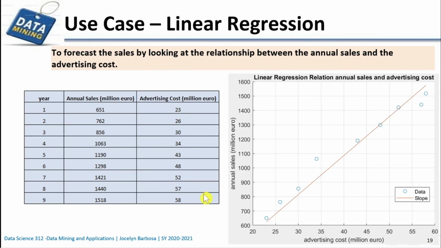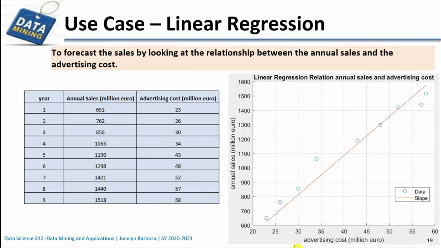So if we plot this in our graph, and this is using MATLAB, but we can also make use of another tool like Python, for example. And then here we can say that there is a positive correlation between the advertising cost and the annual sales.